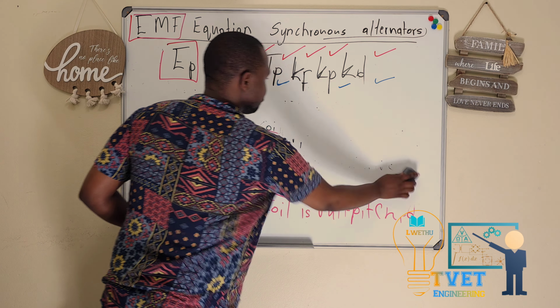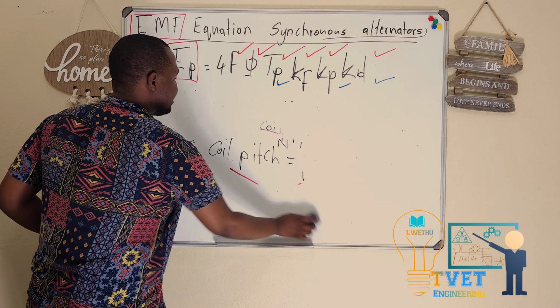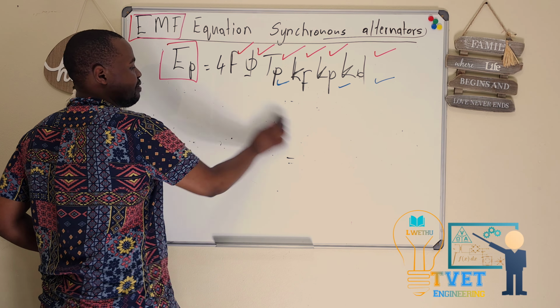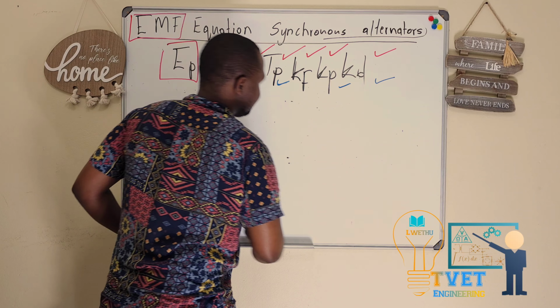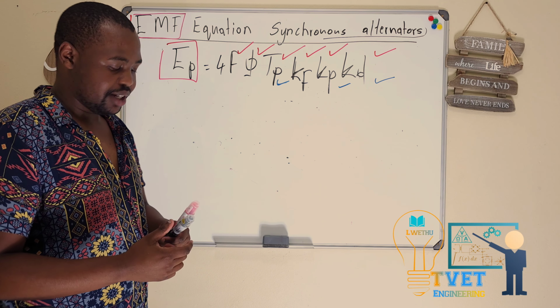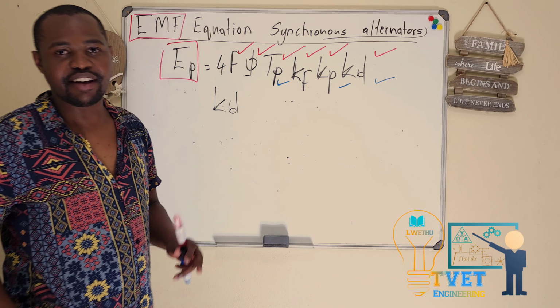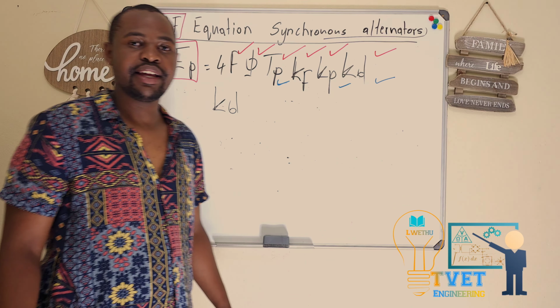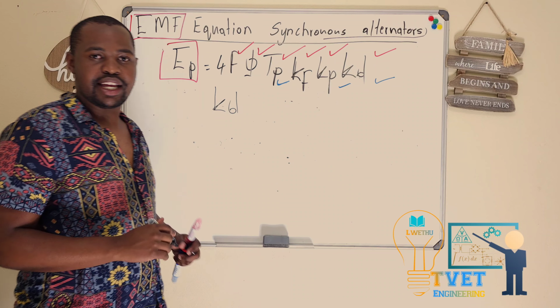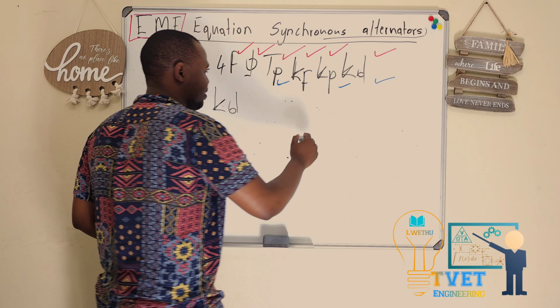Okay, now let us move on to the distribution factor, which is Kd. The distribution factor, guys, will always be given at N5 level. But let me just explain what the distribution factor is.